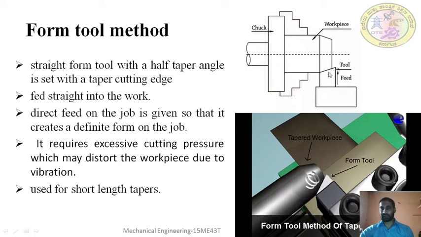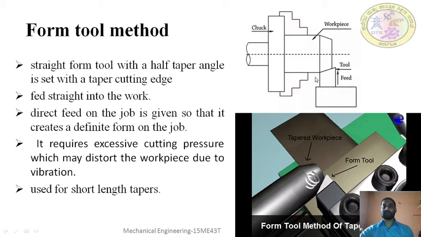Whatever the maximum length is on the tool, that much length of taper is obtained on the workpiece. So the form tool method is generally used for short length tapers, since the high pressure developed may destroy the workpiece.